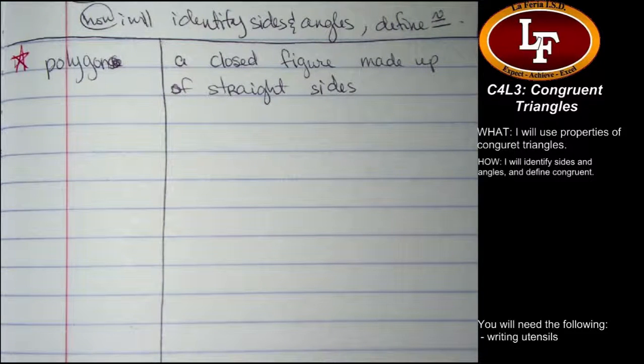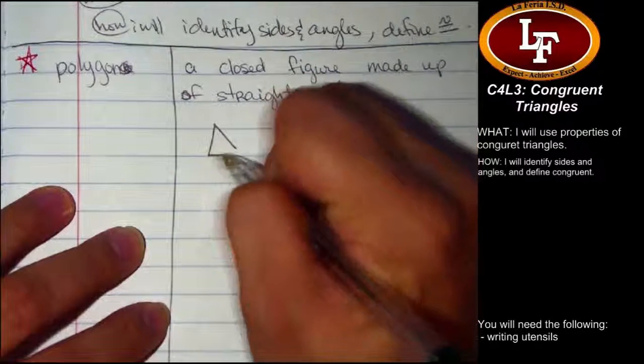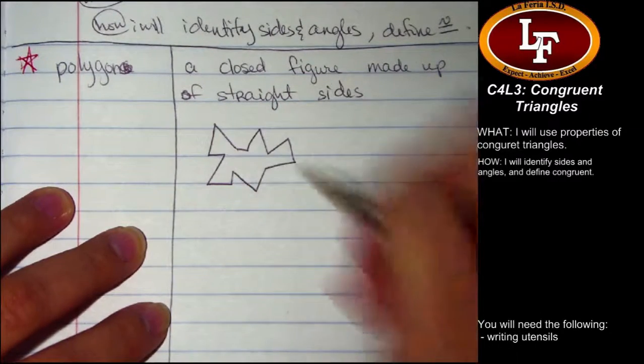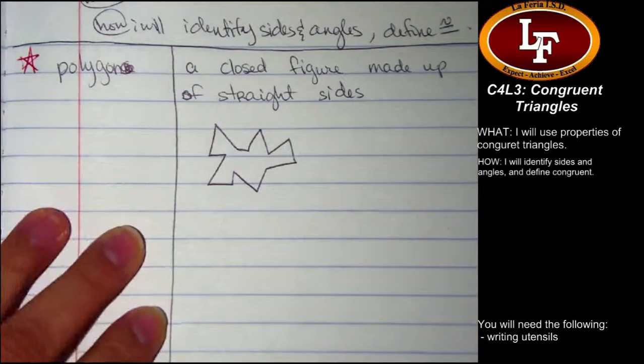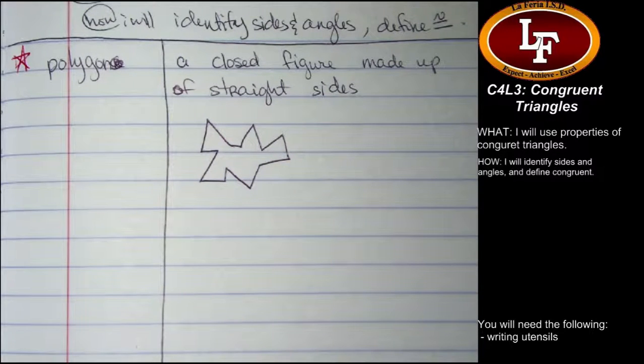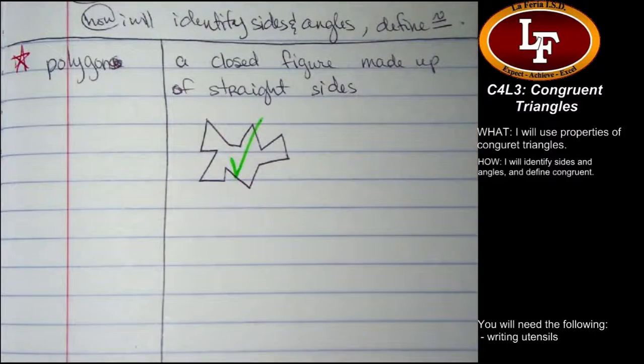Pull out the bad artist in you. Ready? We're going to draw just a spiky shape. All right. Polygon, yes or no? Yes. You're right. Why? Because it's closed and has straight sides. Perfect. It's a polygon. Good job.